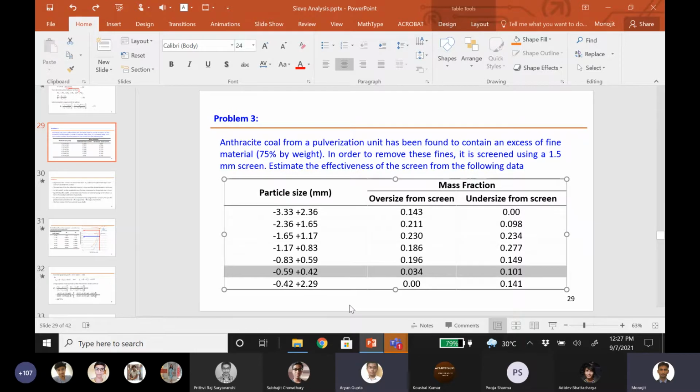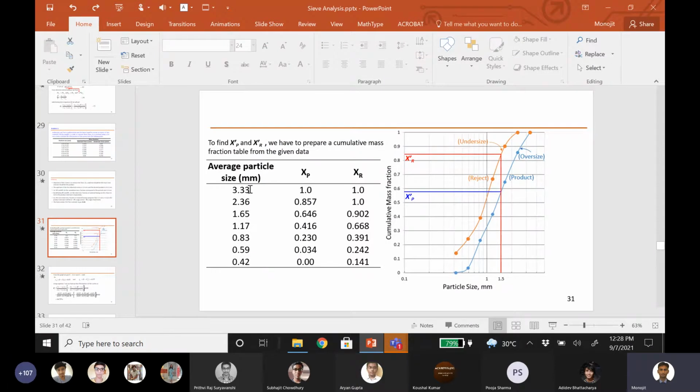Now if I make this cumulative mass fraction table like this, it is right, this is not wrong. Because when I'm writing this as 0.59 and the mass fraction equal to 0.034, that means all the particles that are smaller than 0.59 have a mass fraction of 0.034, which is right.